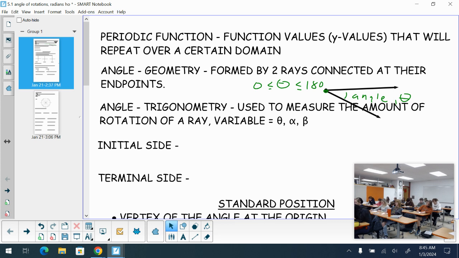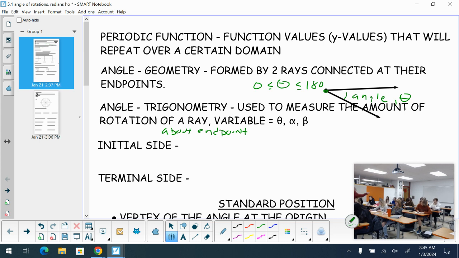So we take this ray, rather than dealing with two different rays, we will still deal with two different rays, but now we talk about a single ray, and we rotate this about its endpoint. So we have the amount of rotation of this ray about its endpoint. So we hold the endpoint here, and we spin it around.